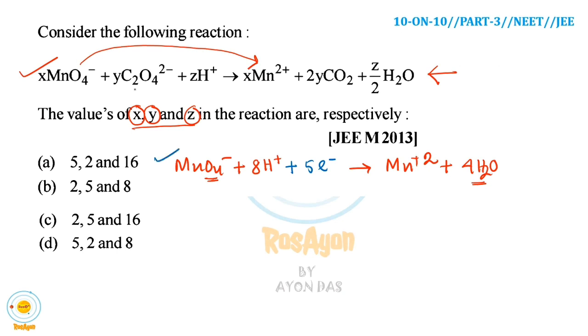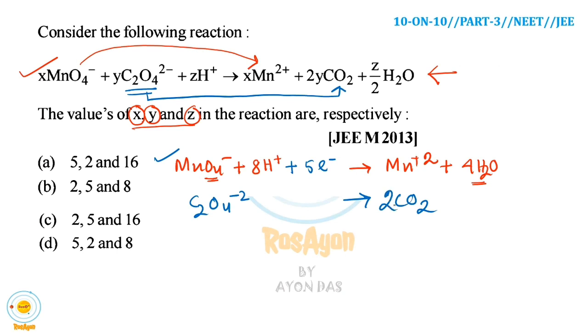Now see, here C2O4 minus 2 is converted to CO2. So write it: C2O4 minus 2 is converted to CO2. To balance the carbon, you must add 2 here. So total carbon and oxygen are balanced.